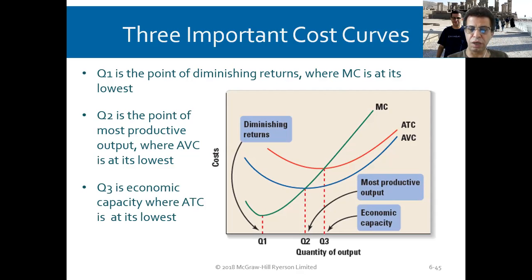At Q3, this is economic capacity, where average total cost is at the lowest point. Say you have a place of 1,000 square meters, and this is the average fixed cost, and you have a machine that takes only 200 square meters.